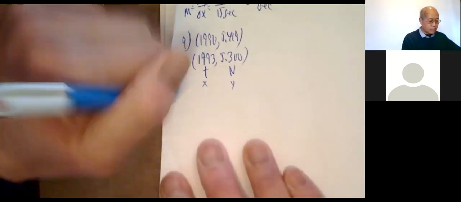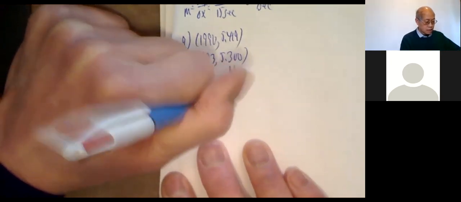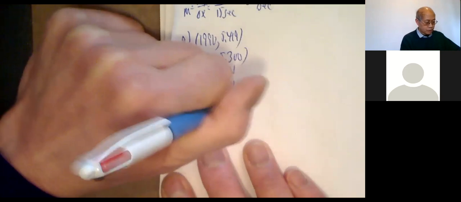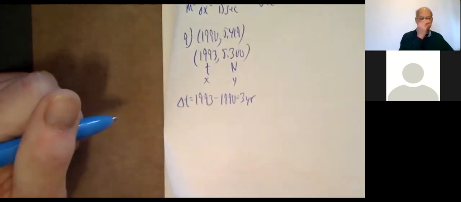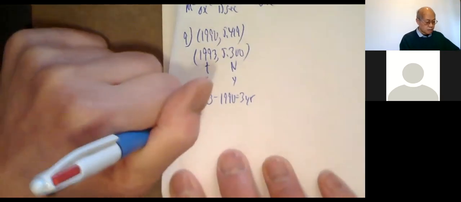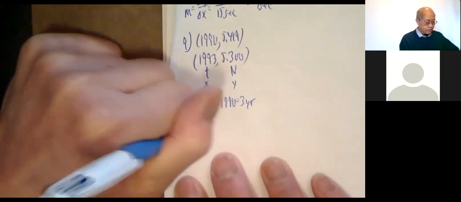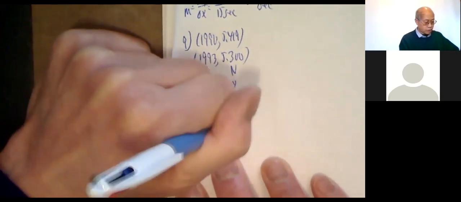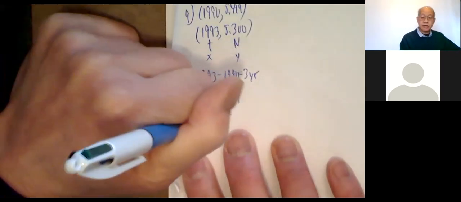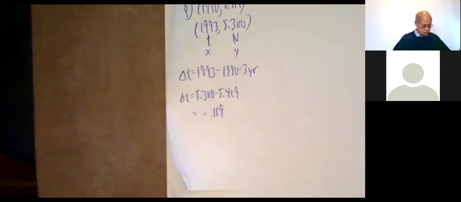So instead of delta x, we want delta t. That's easy. So 1993 minus 1990, which is 3 years. Delta n is negative 5.300 minus 5.419. Punch it in the calculator. It's negative 0.119.